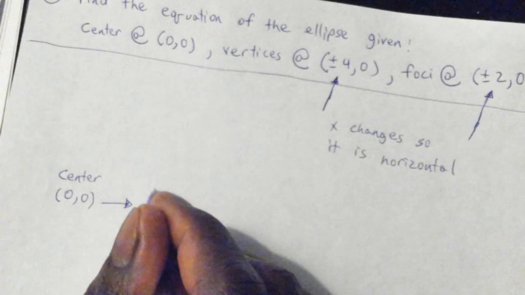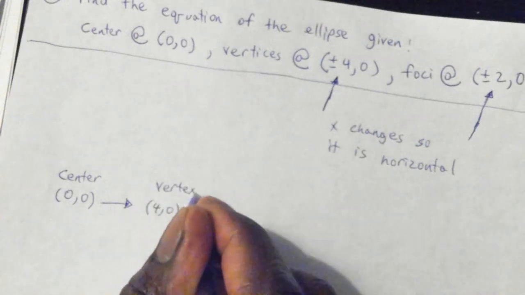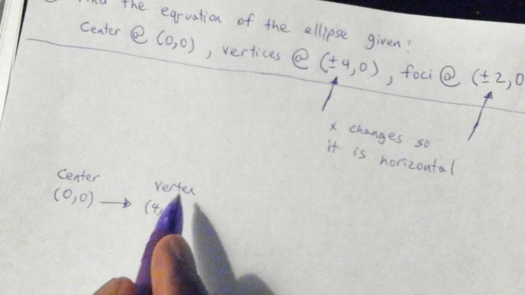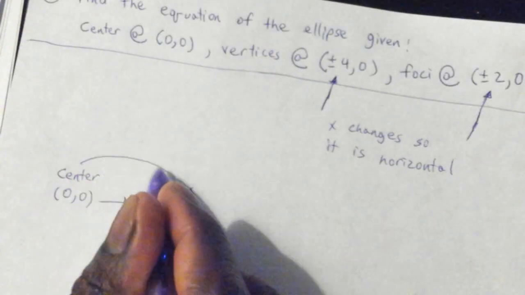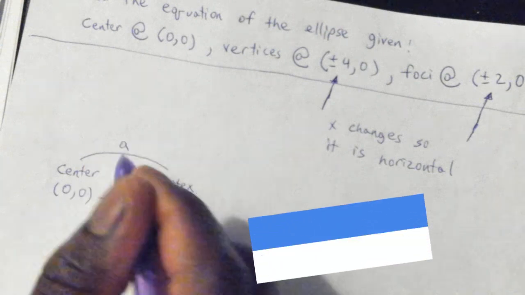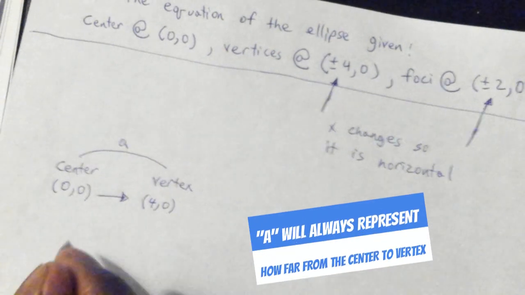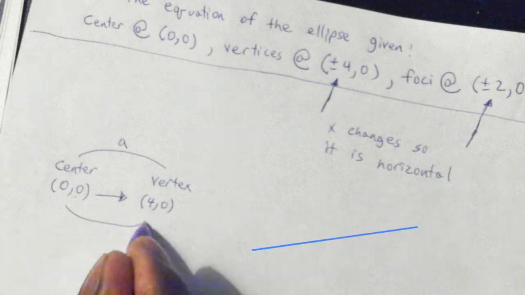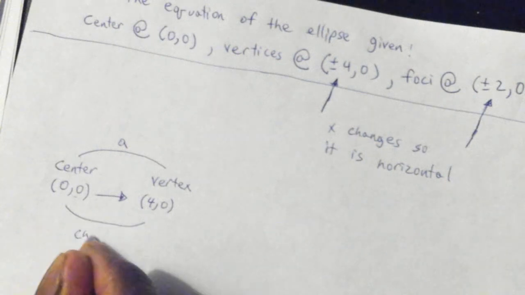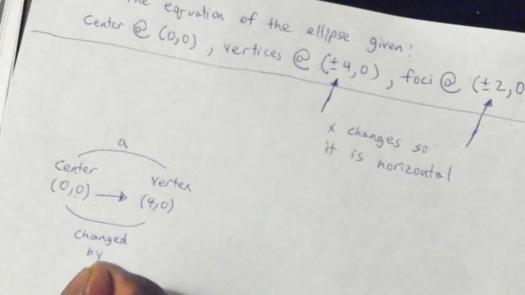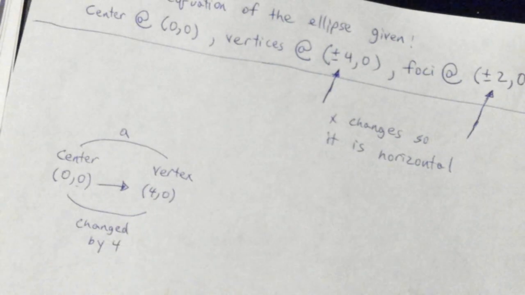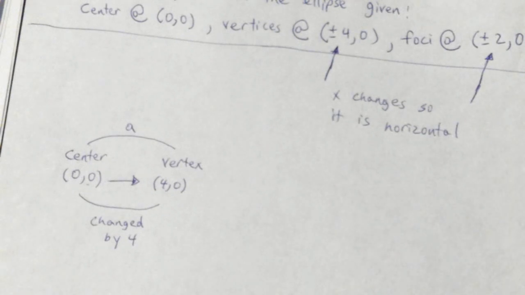So what that means is if we went from the center to the vertex, remember we're using the letter A to represent that we're going from the center to the vertex. So from the center to the vertex, from 0, 0 to 4, 0, how much did it change by? It changed by 4. So that means that our A value is going to be 4. So A is equal to 4.